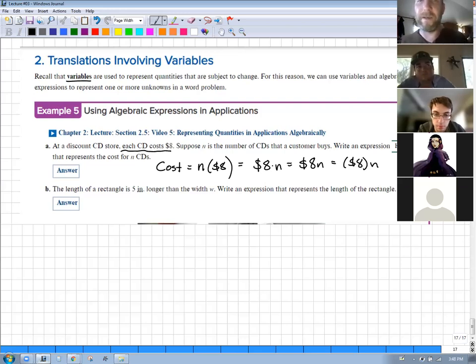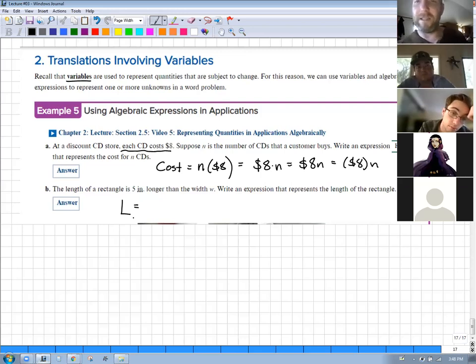So part B here, the length of a rectangle is 5 inches longer than the width W. Write an expression that represents the length of the rectangle. Let's let L represent length.